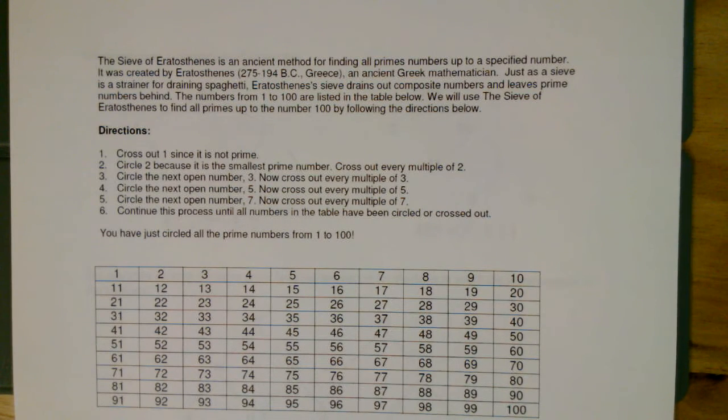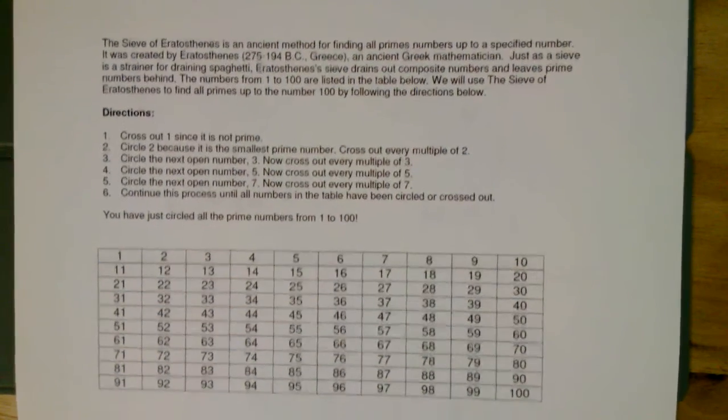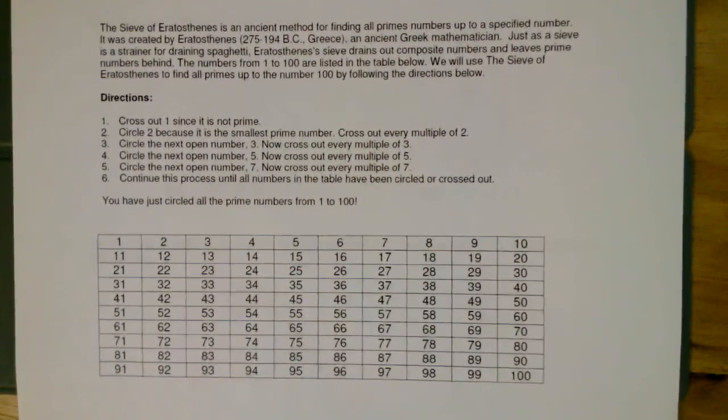is how we're going to identify our prime and composite numbers. Now the sieve of Eratosthenes is an ancient method for finding all prime numbers up to a specified number. It was created by Eratosthenes, an ancient Greek mathematician. Just as a sieve is a strainer for draining spaghetti, Eratosthenes' sieve drains out the composite numbers and leaves only the prime numbers behind.